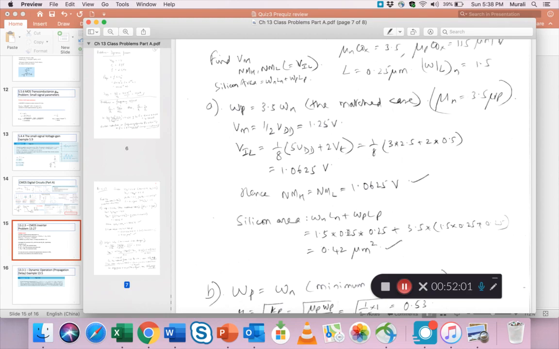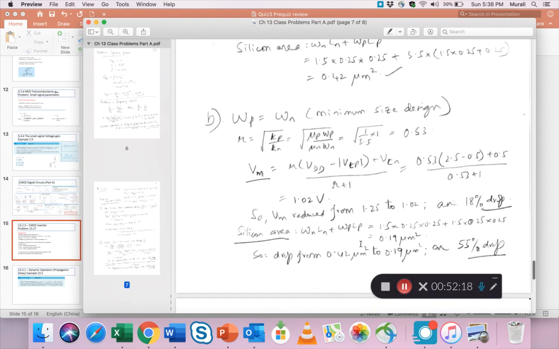What's the silicon area? Wn Ln plus Wp Lp. Ln is the same for both, and Wn and Wp we know they're related by 3.5. So if you add all that up, you get 0.42 micrometer square for the silicon area.